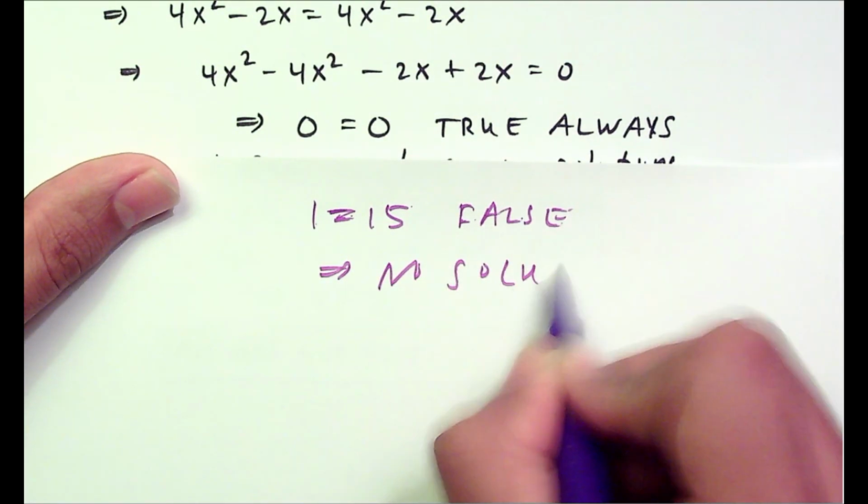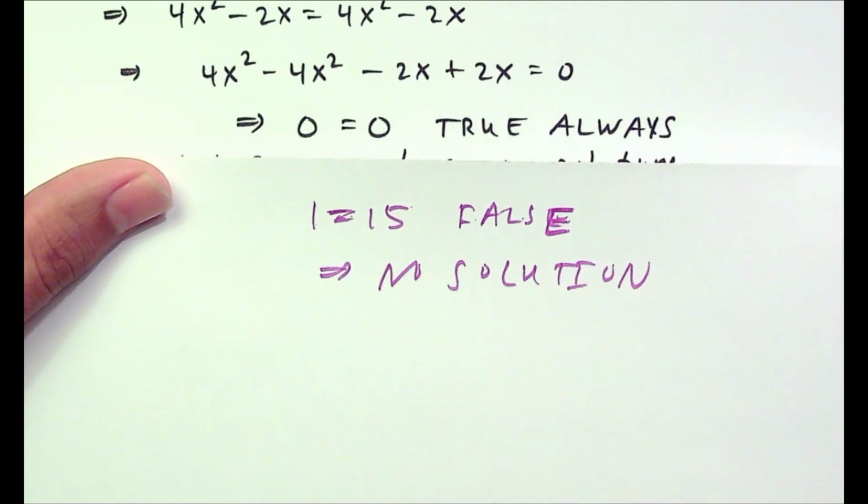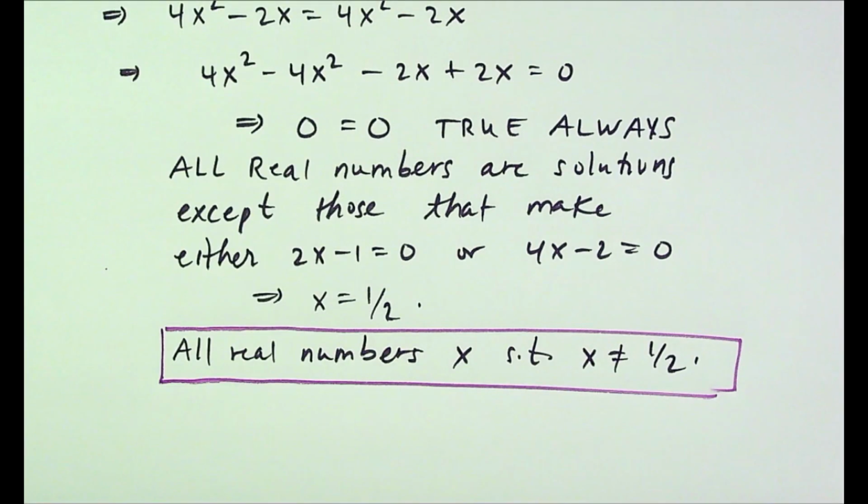No solution. If you get something that is always false, that means there's no solution. If you get something that is always true, that means every number is a solution except the ones that need to be discarded, because you cannot divide by 0. Right? And that's all.